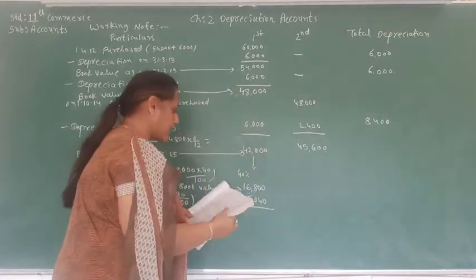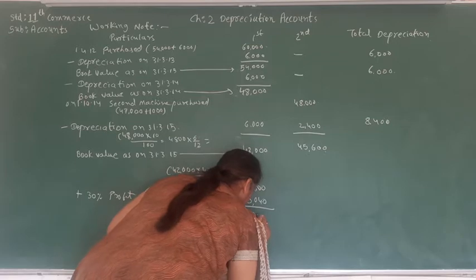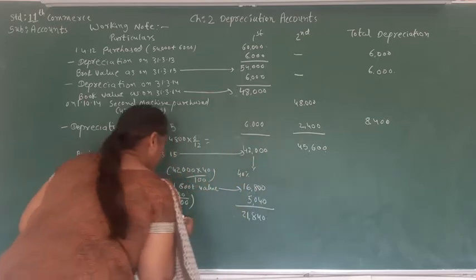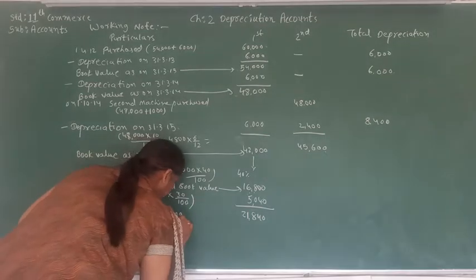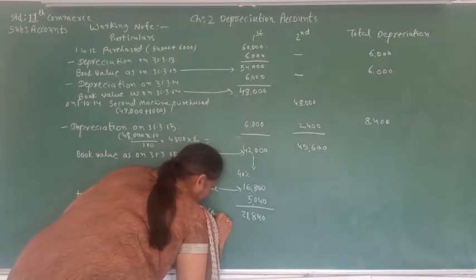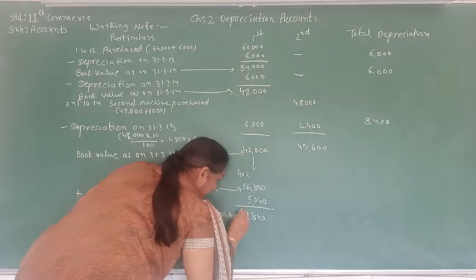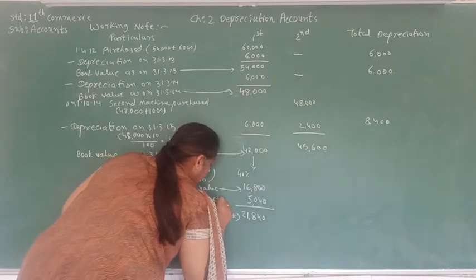So the selling price of the machine will be 21,840. This selling price will be shown in the bank account. And this is the profit, so this will go to profit and loss account.